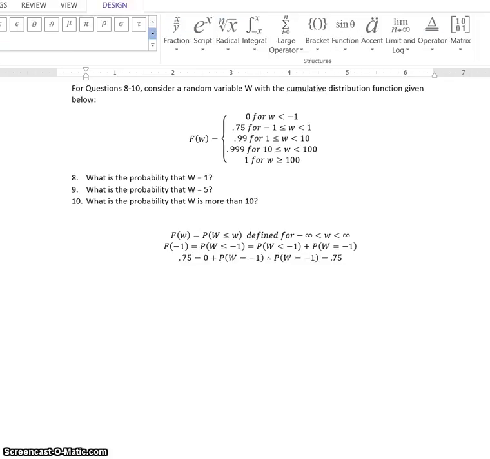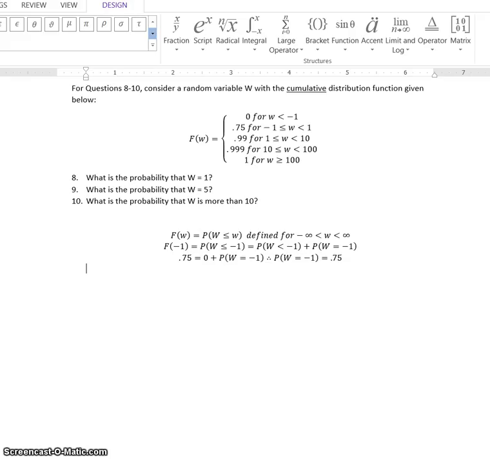So the probability that W is less than or equal to -1 is 0.75. This has to be equal to the probability that W is less than -1, which we're given in the cumulative distribution function is 0, plus the probability that W is equal to -1. So what this tells us is that the probability that the random variable W takes on the value -1 is 0.75. Now, using this logic, we can find the probability mass function for the random variable W.